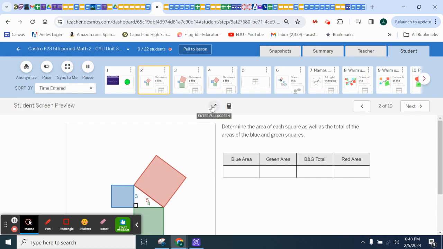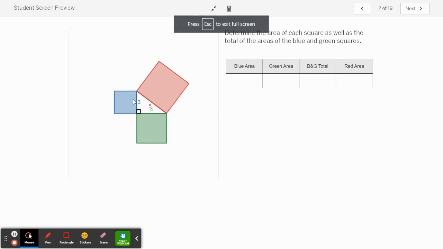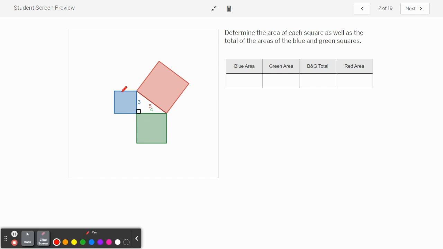So if we look at this picture, this blue square has a side length of 3. Since it's a square, that means all the sides are 3 units long. So I can break it up into 3 units, going across.